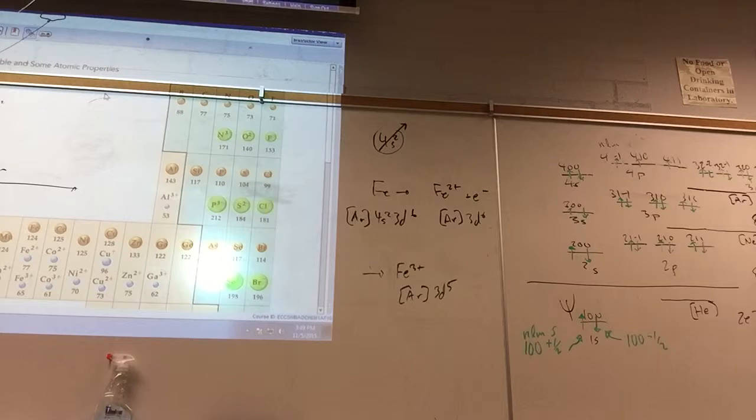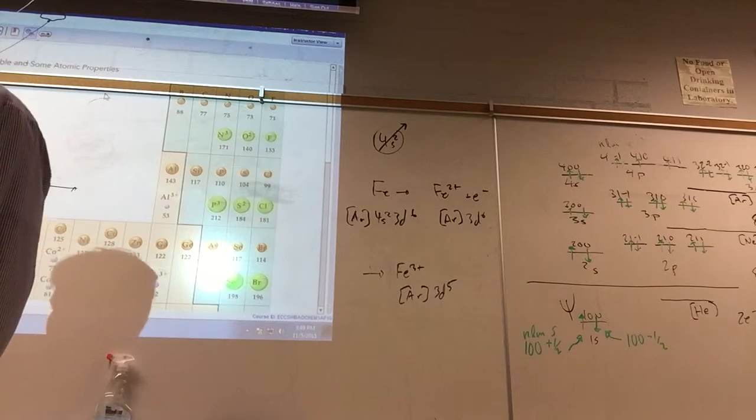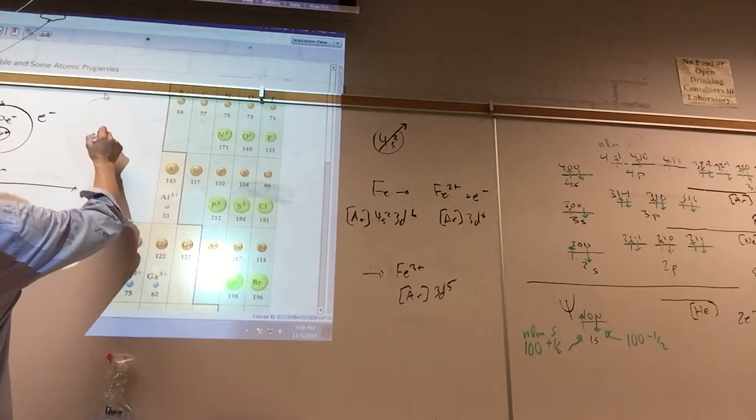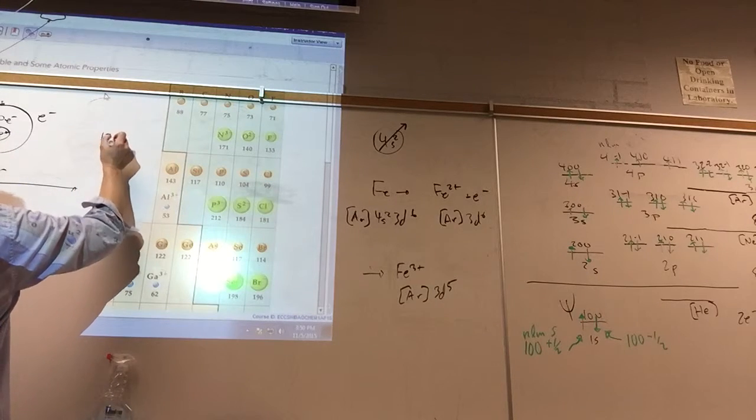The reason it's getting smaller is because of this. When we look at sodium, sodium has 11 protons in the nucleus, and then it has 10 electrons as its inner shell or core. Those 10 electrons would be like neon. And so it's a neon core, and then it has one valence electron out here. Well, magnesium has 12 protons.